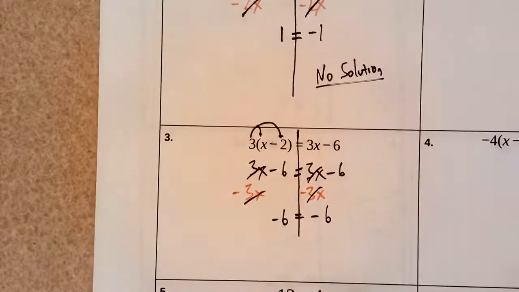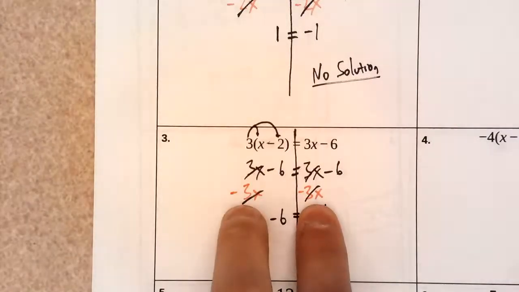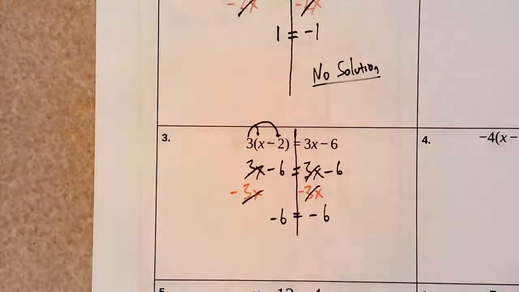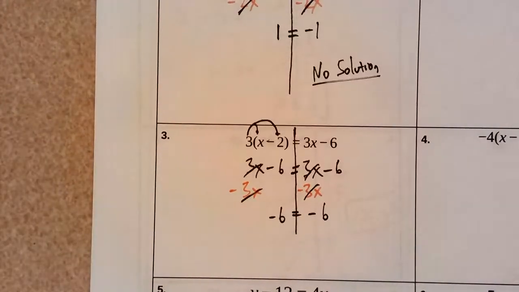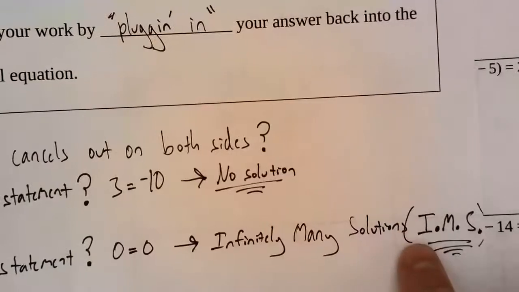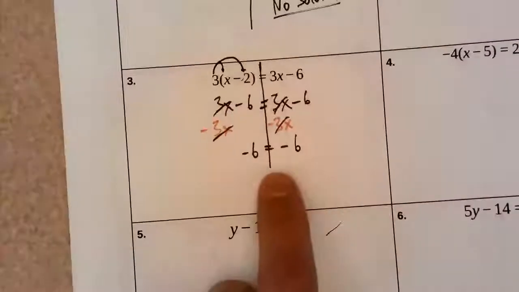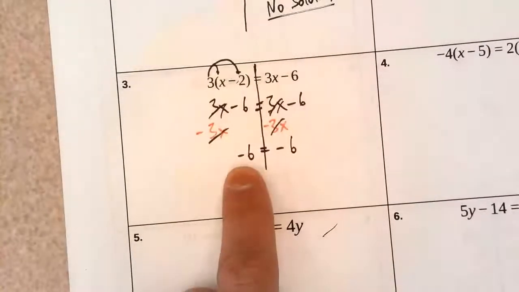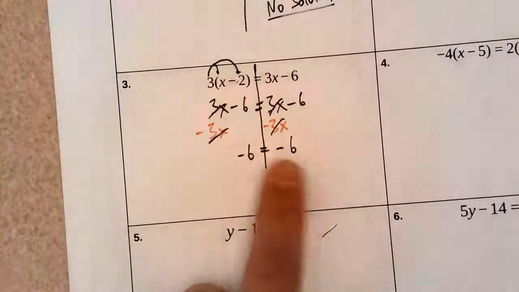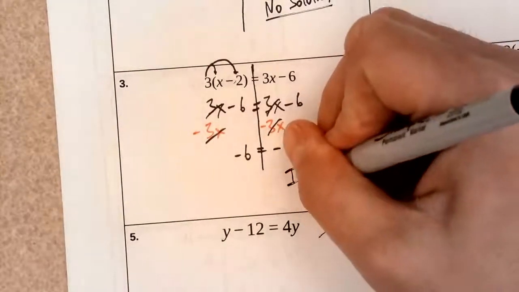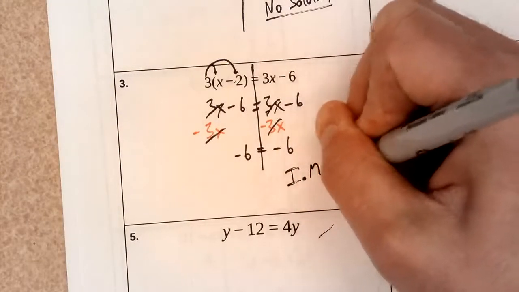Oh my gosh, the variable canceled out on both sides, so I have one of these special cases. It's either no solution or infinitely many solutions. Is this a true statement? Is negative 6 equal to negative 6? Yeah, that's true. So this is infinitely many solutions.